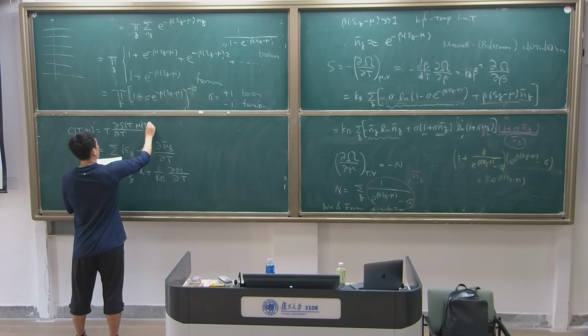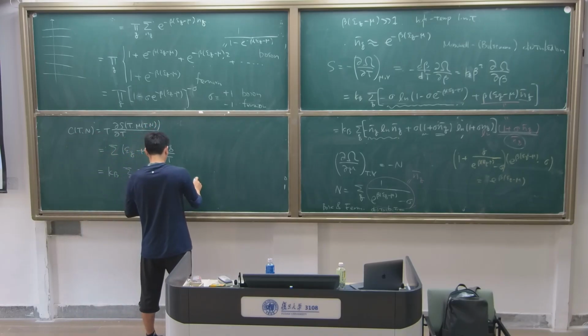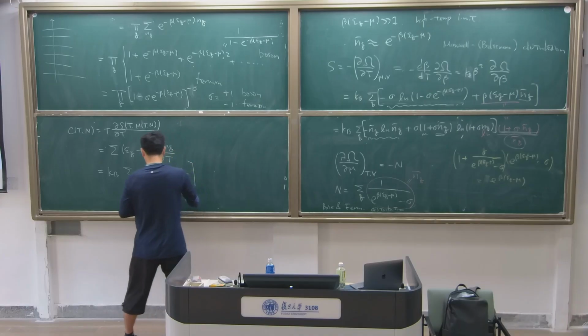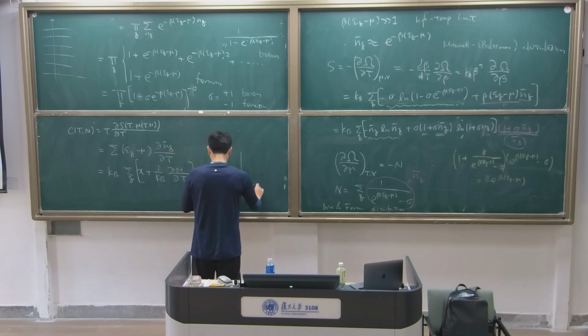And this is equal to del mu del T, x e to the x divided by sigma squared, where x is equal to beta.